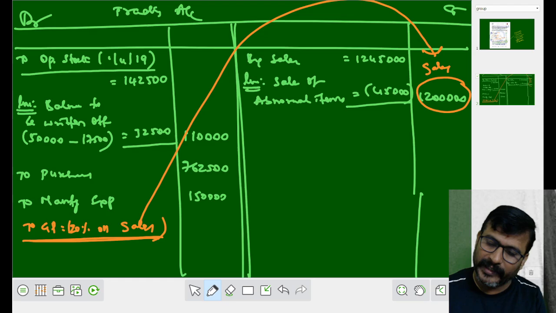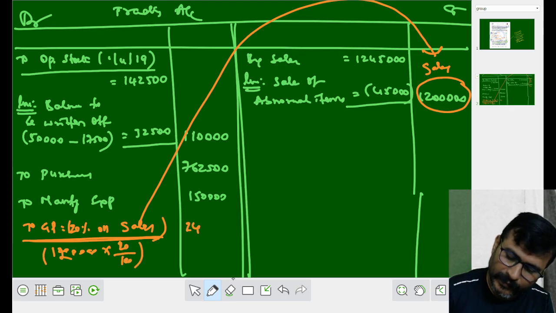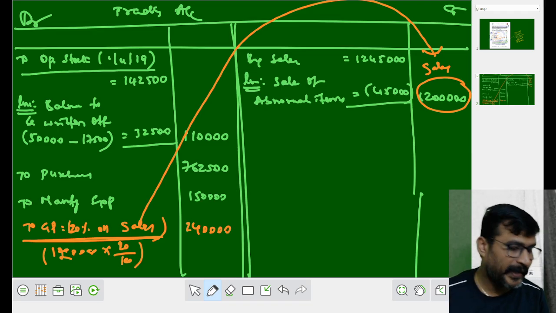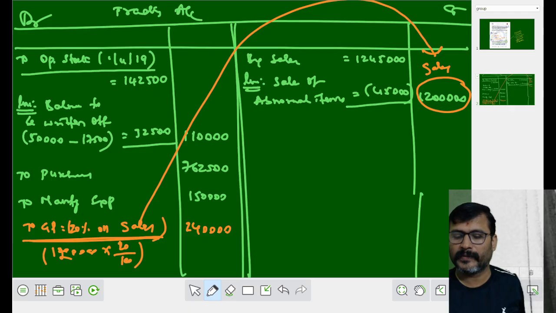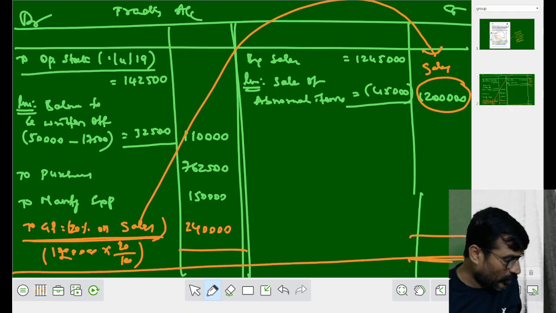You know the sales. Then what to do? Take the 12 lakh into 20 by 100. It comes to 2,40,000.